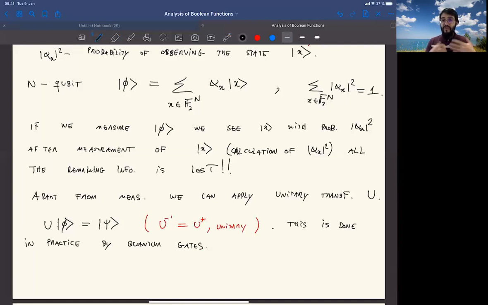And in general, you can build a general unitary operator by systematically applying a bunch of these quantum gates. Okay, and they are very simple in nature. So in practice, it seems that you create a system, let's say a computer, that applies this bunch of quantum gates. And what they're really doing is just applying unitary transformations. And this can be done without loss of information, theoretically.